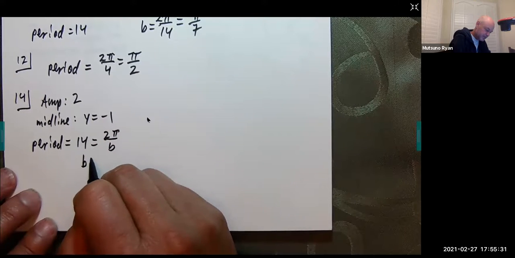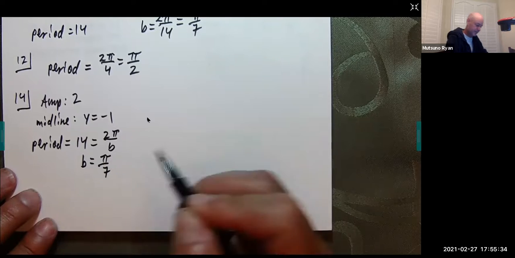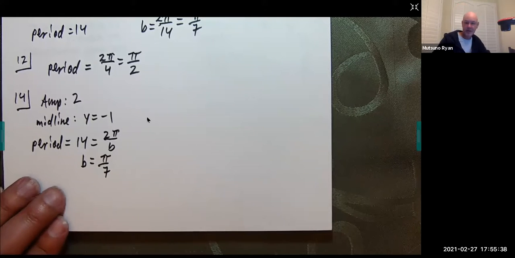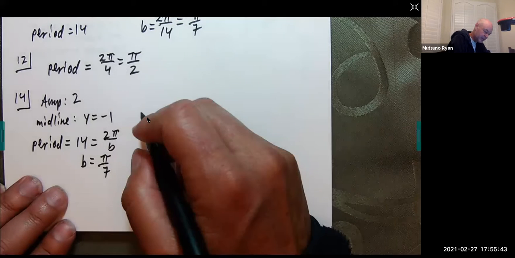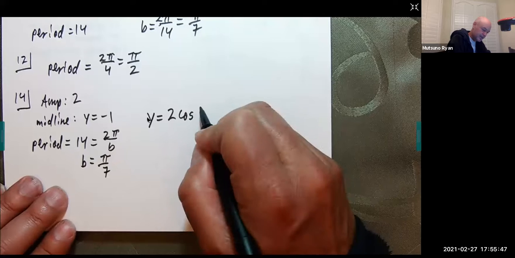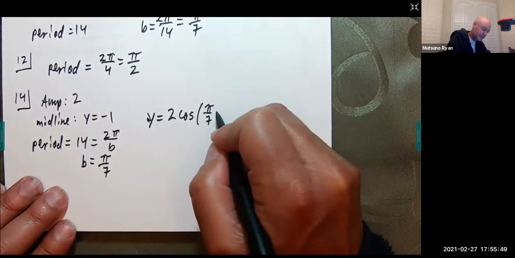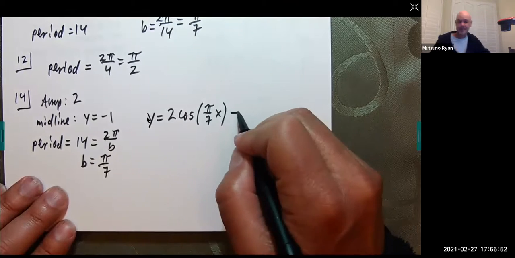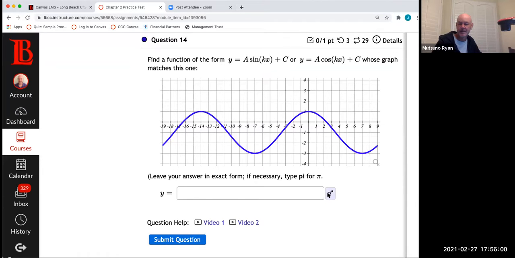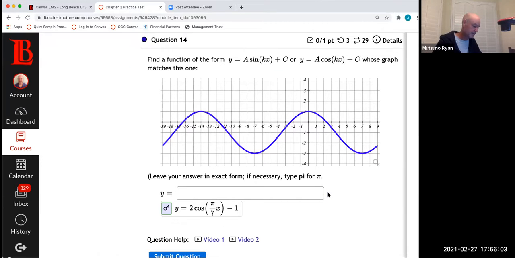This becomes b equals pi over 7. So it doesn't look like there's a phase shift at all. So it's looking to me like we're going to have y equals 2 cosine pi over 7x minus 1. That's what it looks like to me. So let's switch back, see what we get. Yay. There it is.